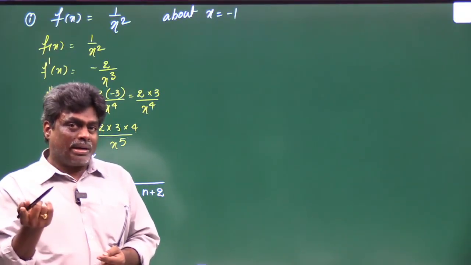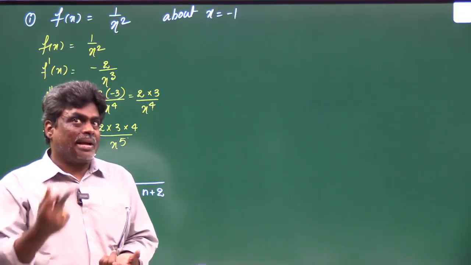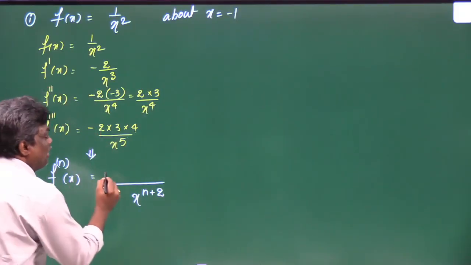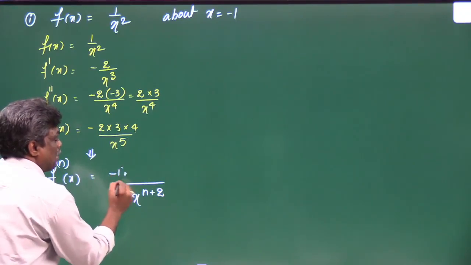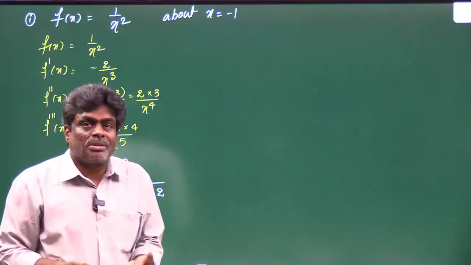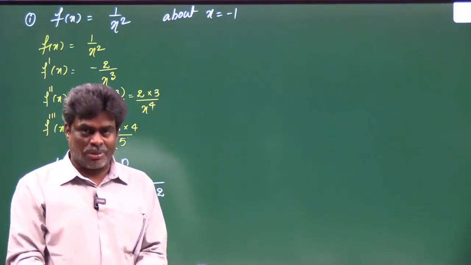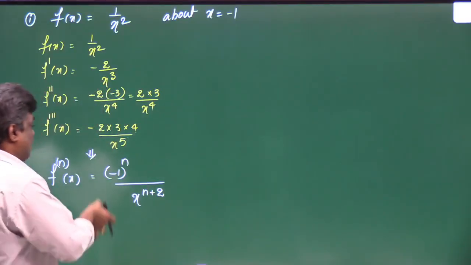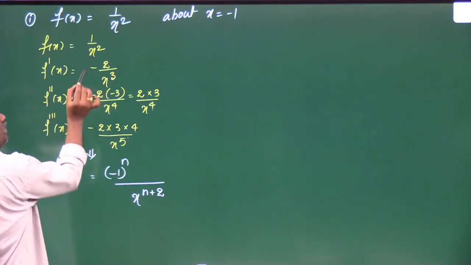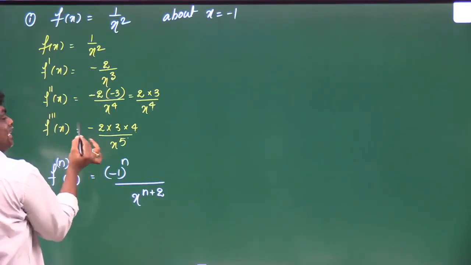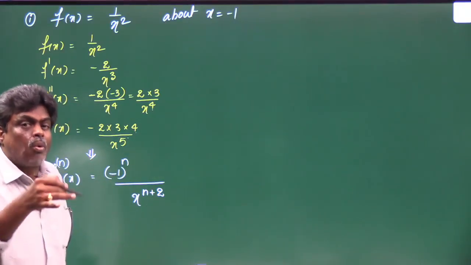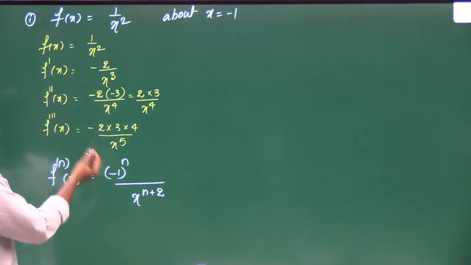So odd derivatives are negative, which gives minus 1 whole power n. If even ones were negative, it would be minus 1 whole power n plus 1. First derivative negative, third derivative negative, fifth derivative negative, that's why minus 1 whole power n. I hope you got it.